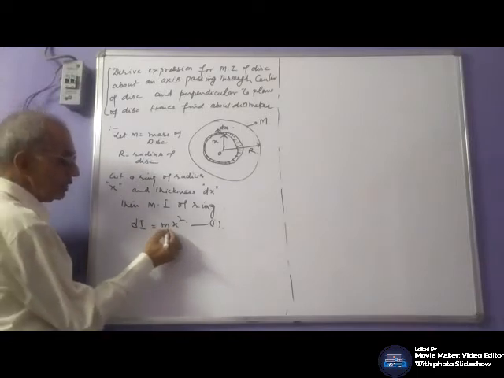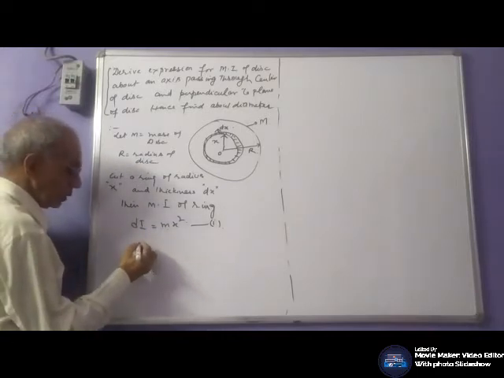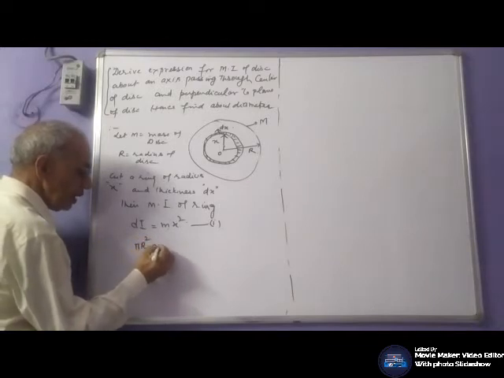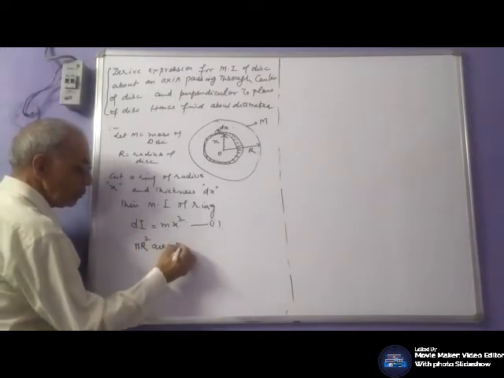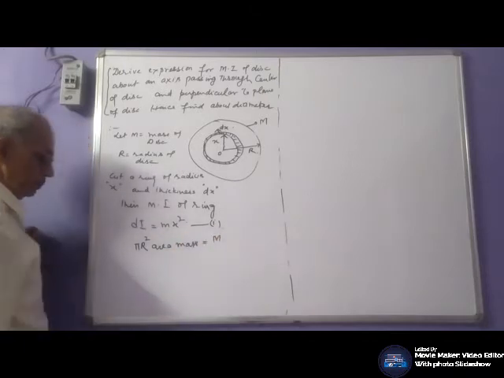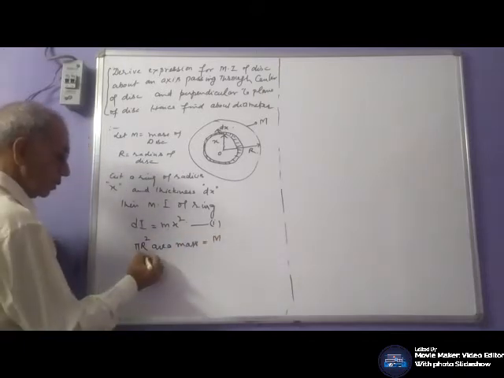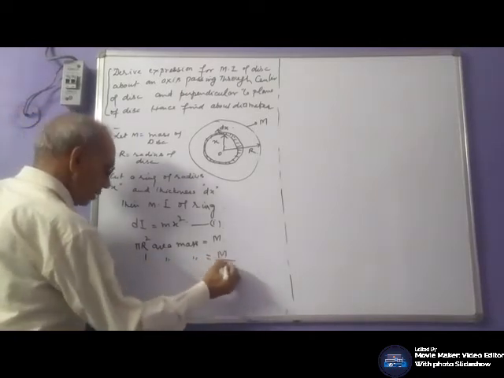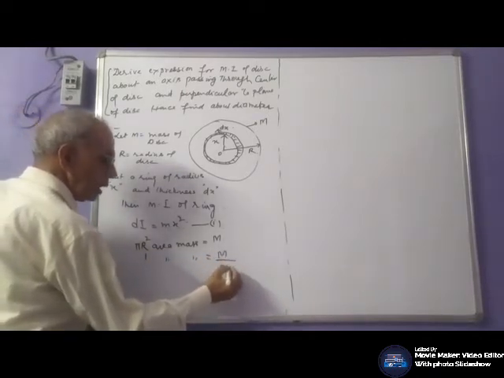Now we have to find this m. Pi r square area, mass is capital M. One area mass is M by pi r square.